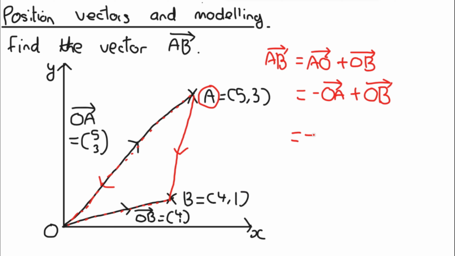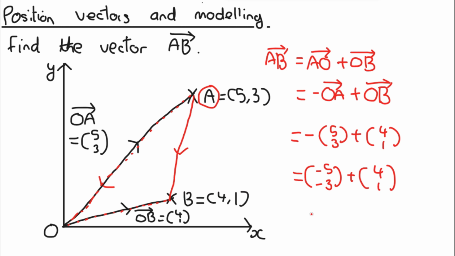So OA is, we figured out before, (5, 3), and then OB is (4, 1), and then this can easily be done by putting the minus in, to do minus 5, minus 3, plus (4, 1), which is equal to (-1, -2). And this is the vector AB. It's a very common exam question, so just remember when they're asking for a position vector, it's just going to be the vector of whatever the coordinate is.